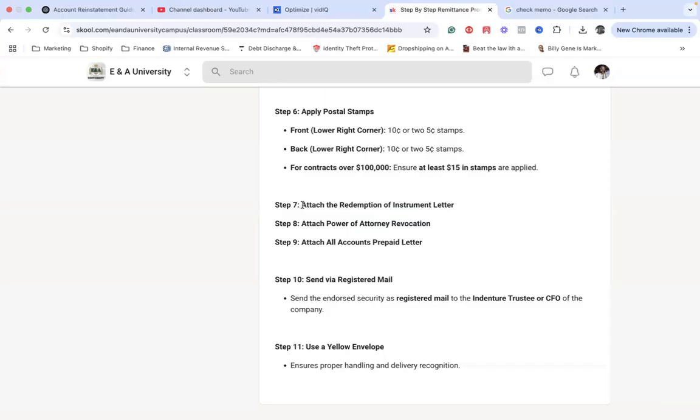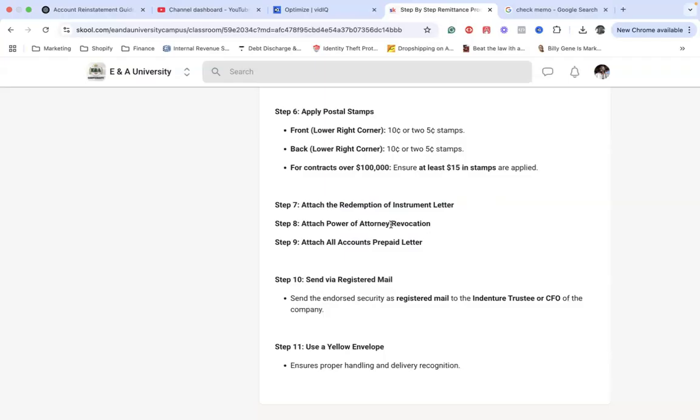How to execute it. Second, you want to send all these 3 letters in. So you want to revoke power of attorney, attach the redemption of the instrument letter, and then all accounts are prepaid. So basically, this is us notifying them via letter that this stuff is what these laws are telling us to do.